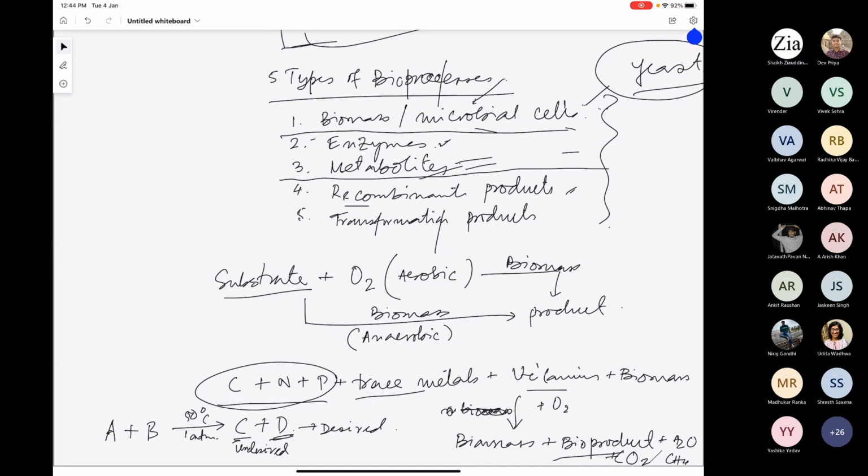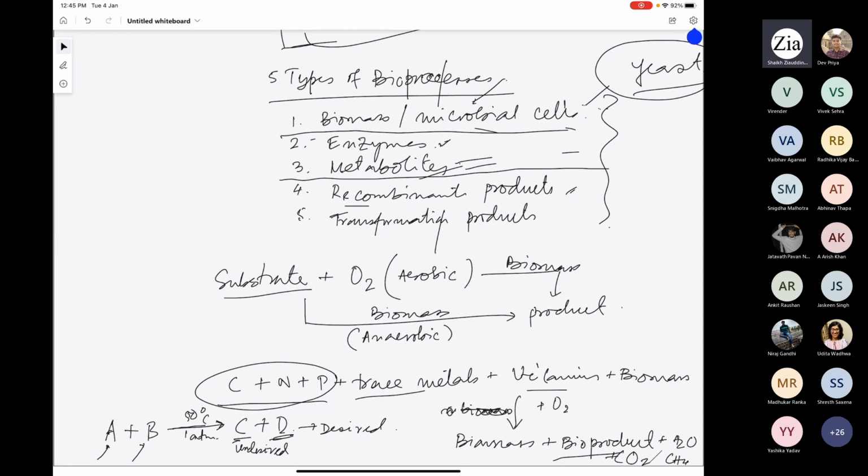Now, to move the forward reaction, for conversion of A and B to C and D, you will maintain high A or high B in the system. So you will get a forward shift of the reaction.